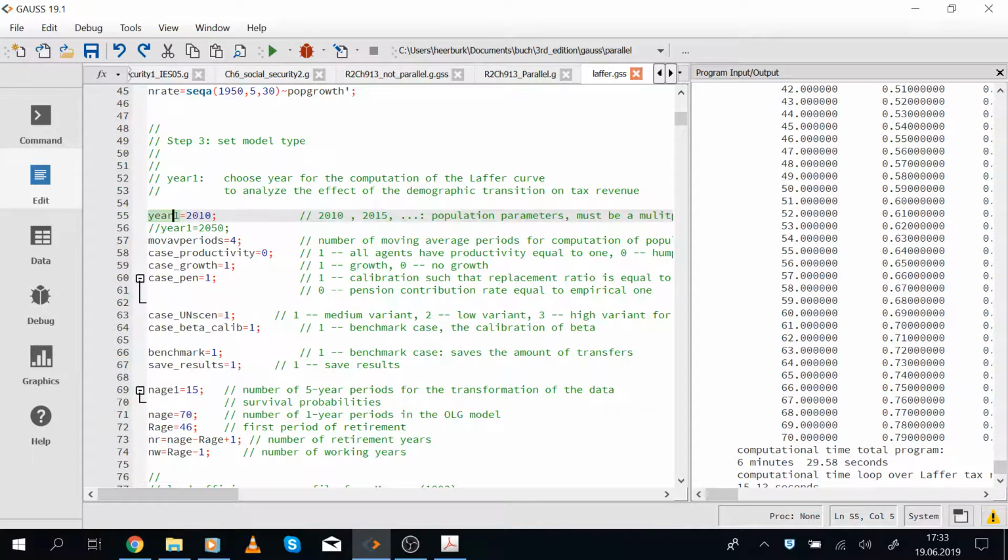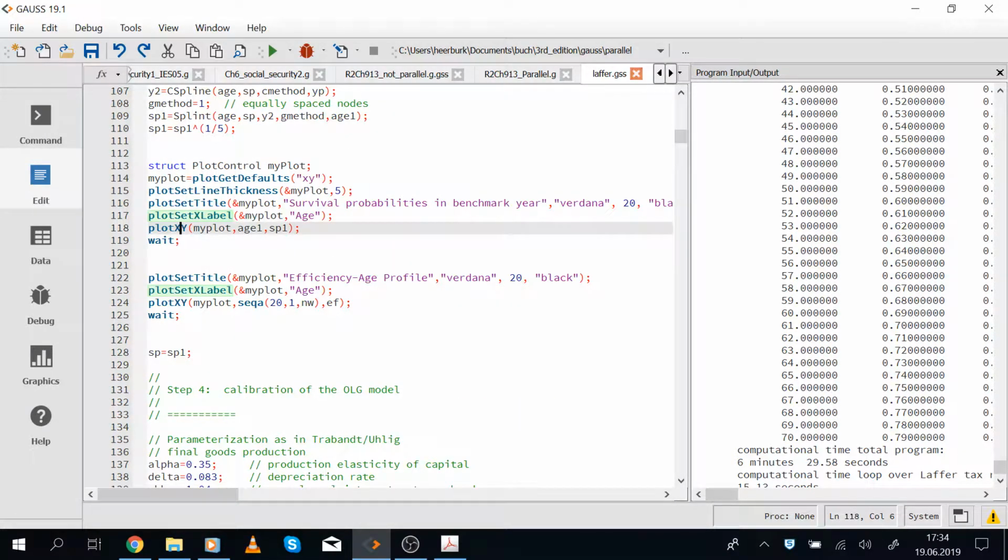So how the demography and the demographic transition is affecting our Laffer curve, our possible tax revenues. Just make sure that this number here is a multiple of 5, so 2010, 2015, 2020, because the population parameters are only available for a period length of 5 years.